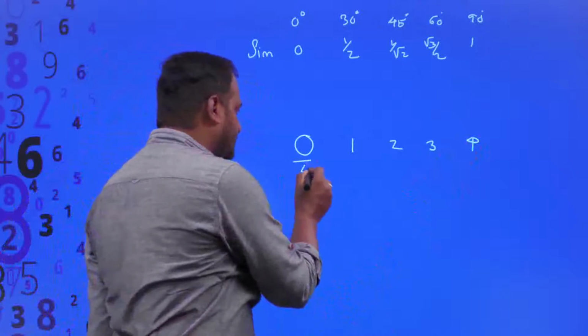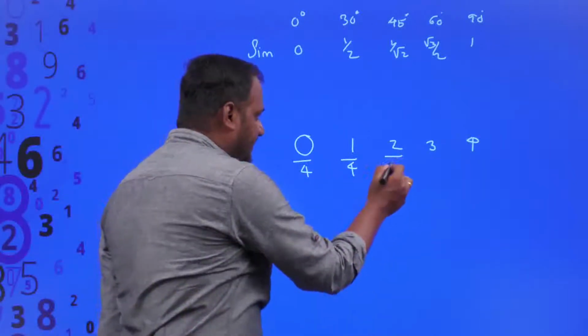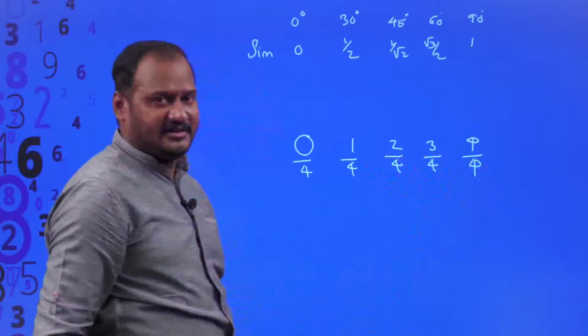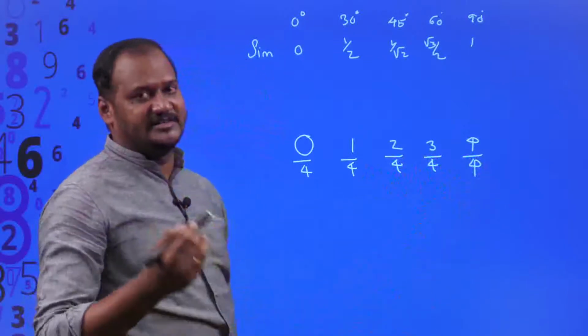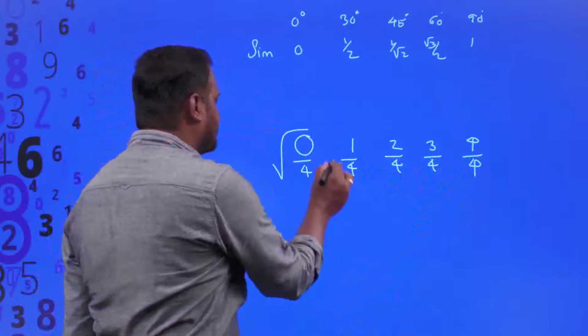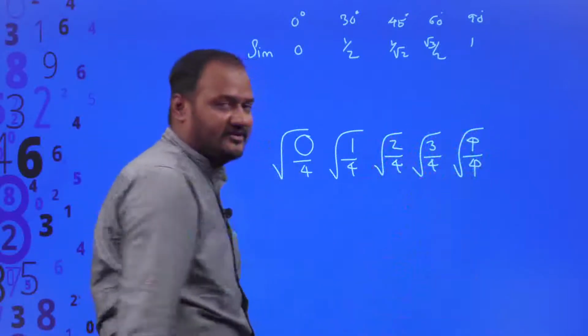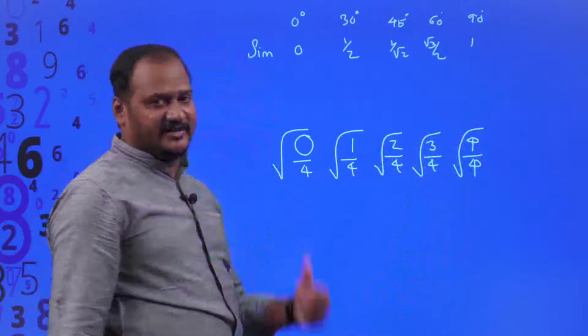Divided by 4, divided by 4, divided by 4, divided by 4, divided by 4. And then take the square root of every single number. Now find out the values.